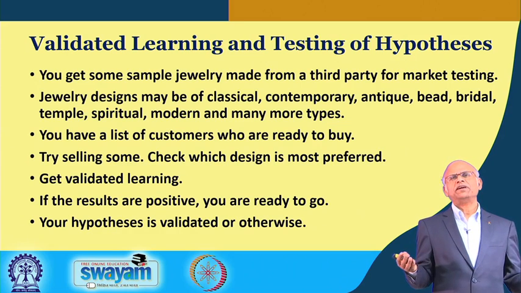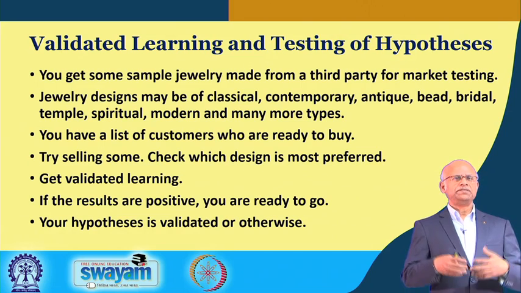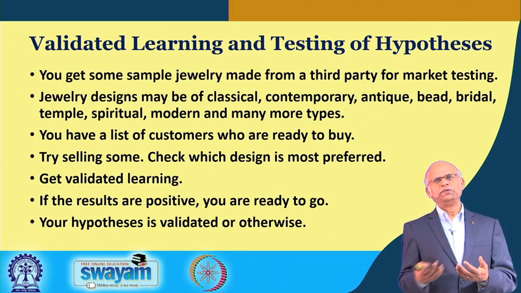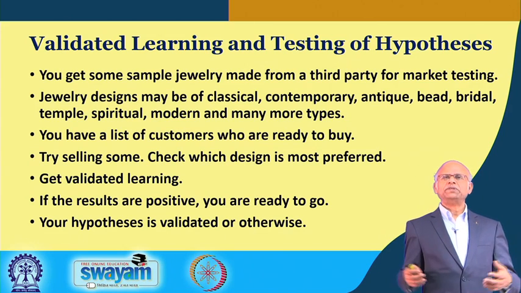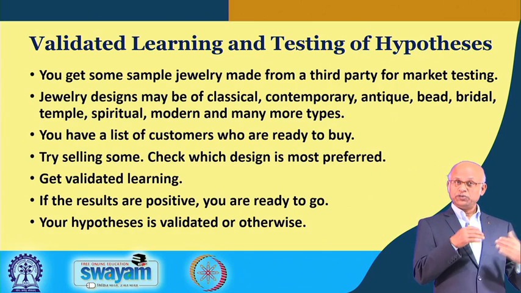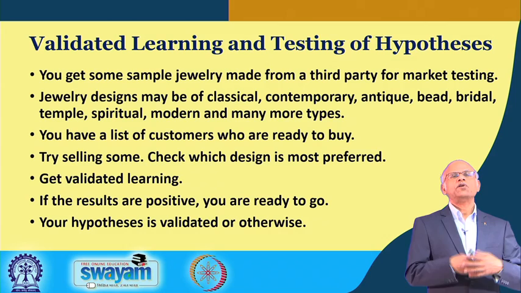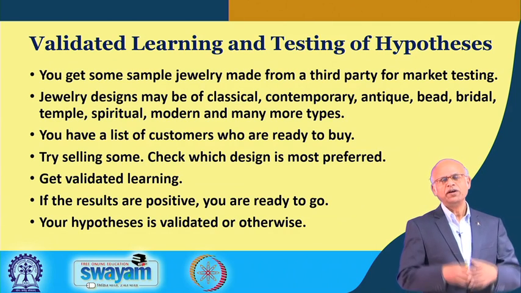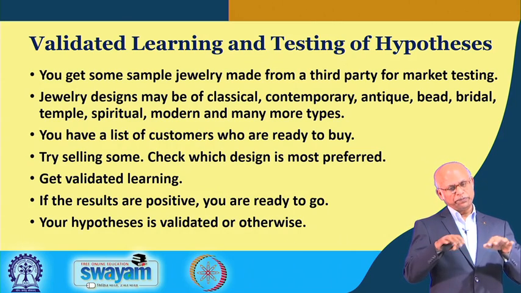Some are classical, some are contemporary, some are antique, beads type, bridal type, temple type, spiritual, modern and many more. You make some samples and see what kind of jewelry people are actually interested in, and you check whether these can be manufactured by machine or whether they need a human to make them. You do not want to involve humans, because you want to reduce the manufacturing cost or making charge.